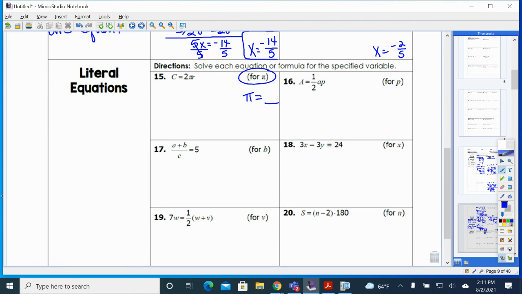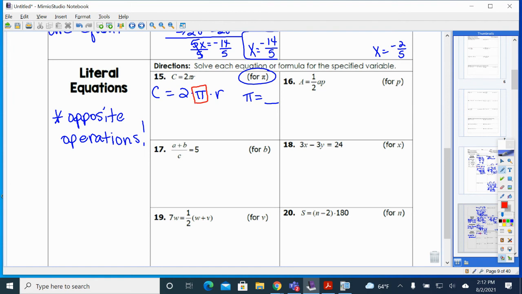Y'all, the key to this is opposite operations. So if I want to get pi by itself, this says C is equal to 2 times pi times r. If I'm trying to get pi by itself, I'm going to put a little box around it.